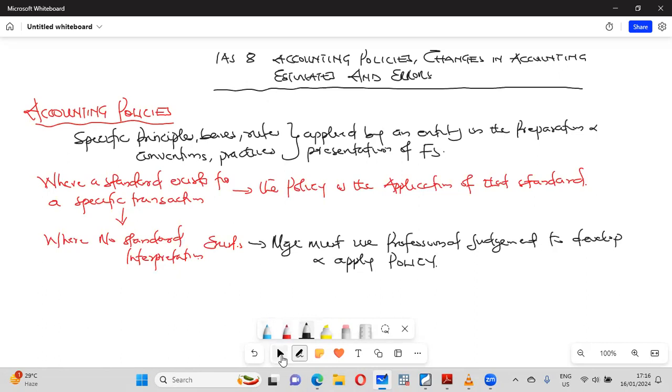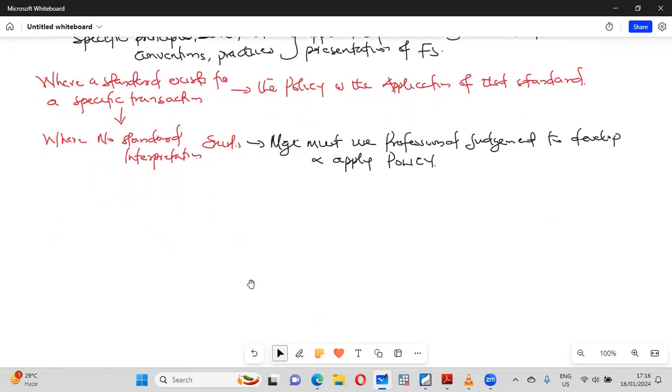But you have to make sure that in developing and applying the policy, it is very good that you refer to the conceptual framework. Because the conceptual framework, we learned in our first lecture, is the frame for the development of the standards.